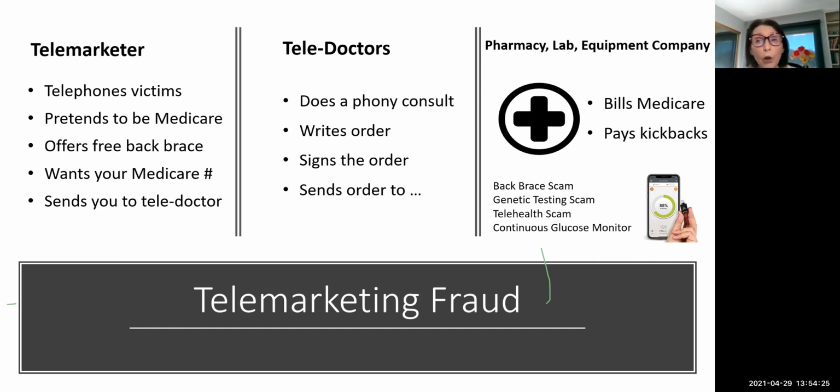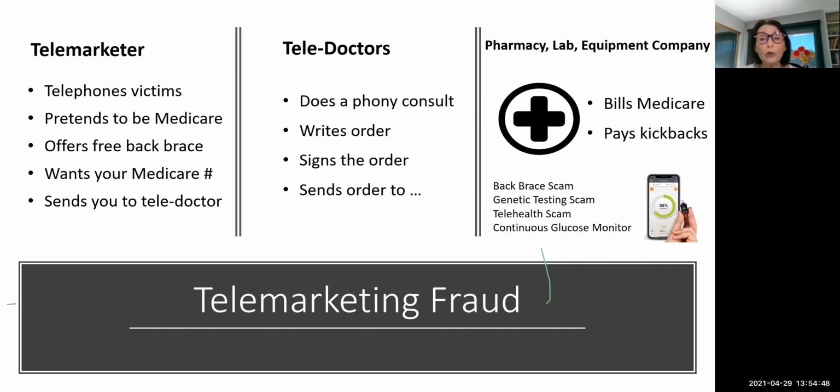And the newest scam, and you probably see this on television a lot, is continuous glucose monitoring, where television commercials and telemarketers will tell you that you can get this continuous glucose monitor for free. All you have to do is give up all of your Medicare information. So all of these are scams.